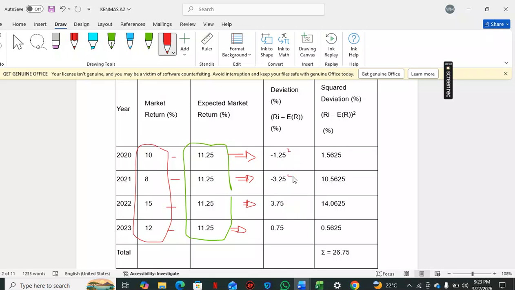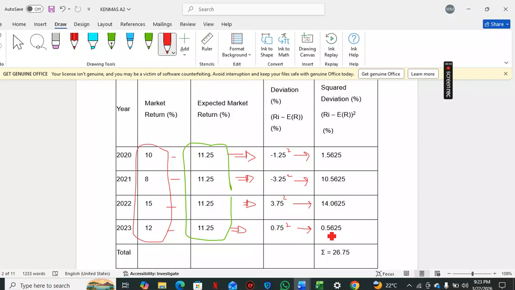Then you square each of these. Negative 1.25 squared, you get that. Negative 3.25 squared, you're going to get that. 3.75 squared, you will get this. 0.75 squared, you get this.